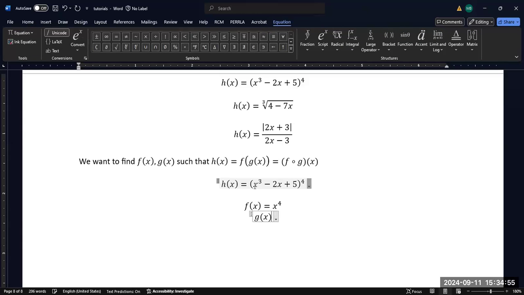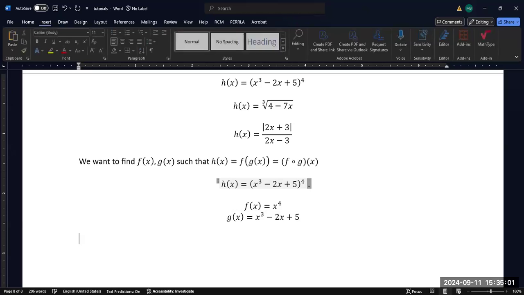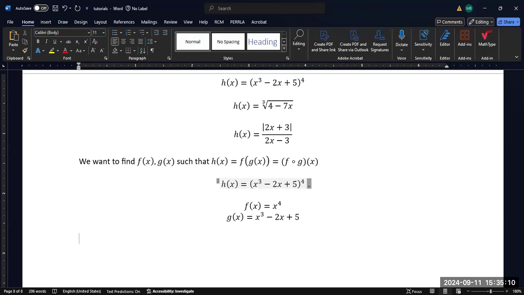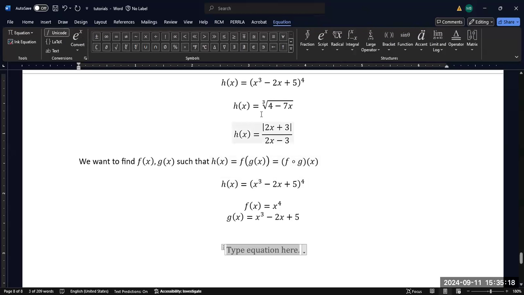And then the thing on the inside is just whatever is on the inside. As long as when you recompose the functions, you get back to the one that they gave you, your answer is fine. Now, in this case, this is the most obvious solution. Let's look at our second example.